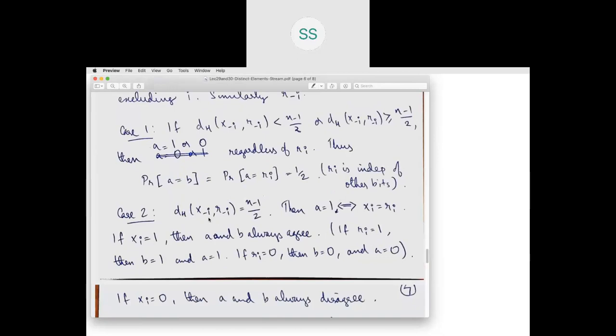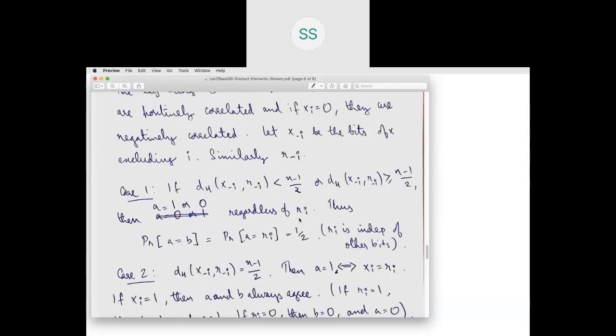But in the case when, recall this is a typo here, this should be strictly greater than. In the case when the Hamming distance between x minus i and r minus i is equal to (n minus 1) by 2, which is the only left out case, it's exactly half. Then what is the value of A?